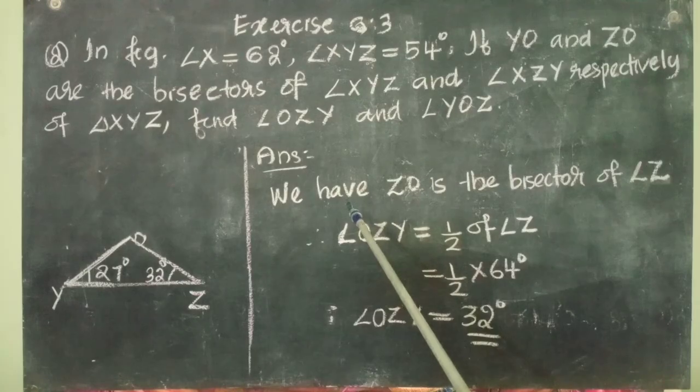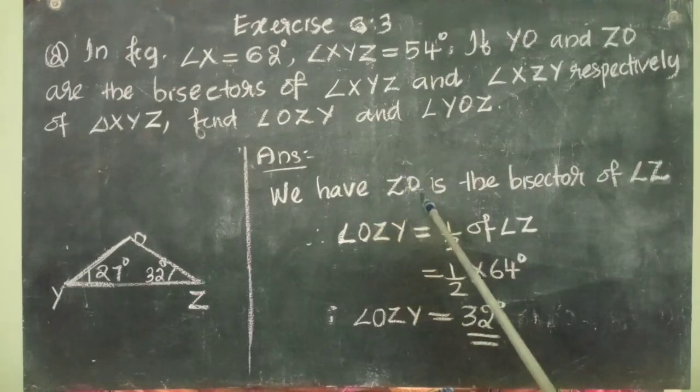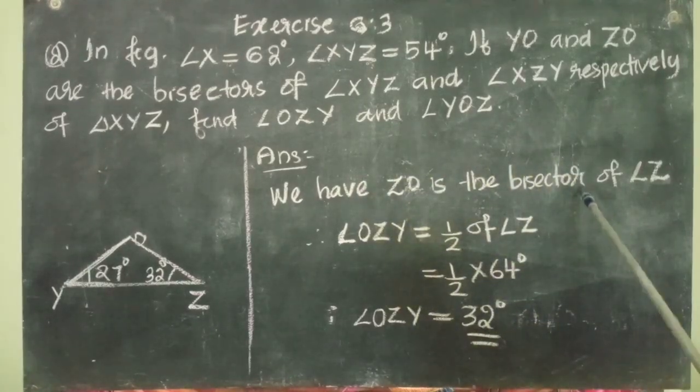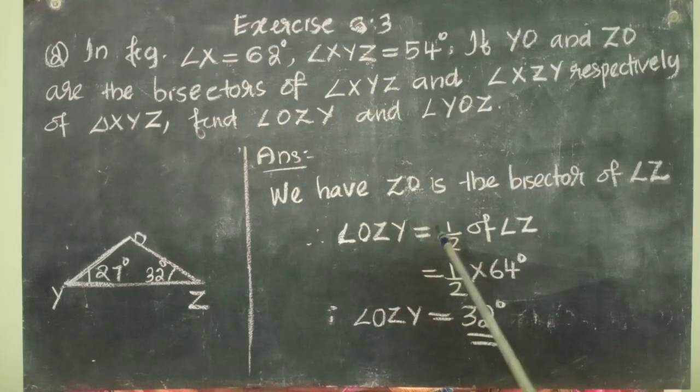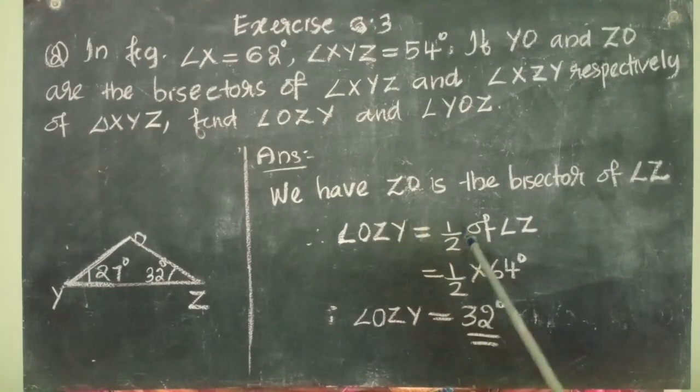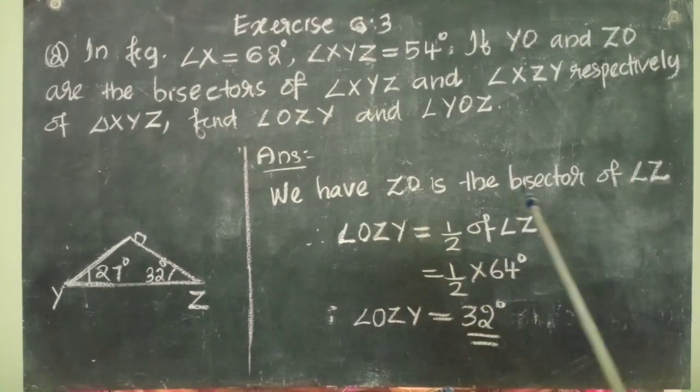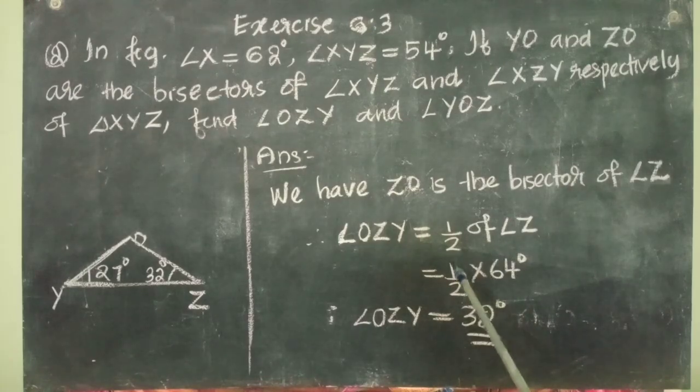So let us write, we have ZO is the bisector of angle Z. Therefore, angle OZY equal to half of angle Z, that is equal to 1/2 into 64 degree. Therefore, angle OZY equal to 32 degree.